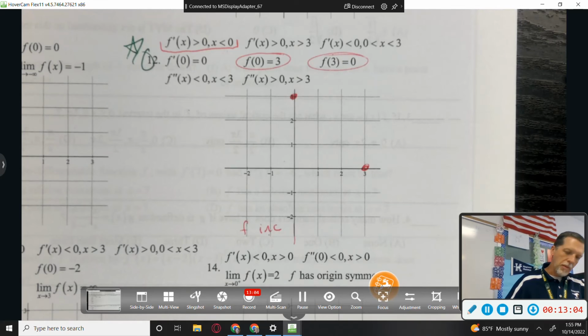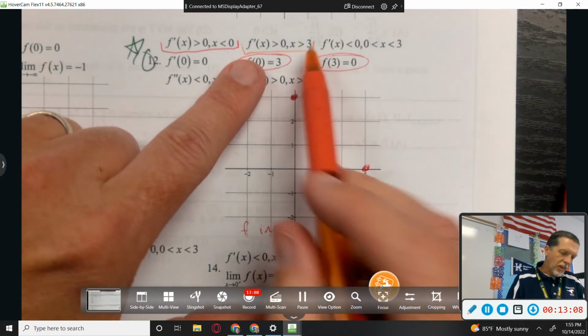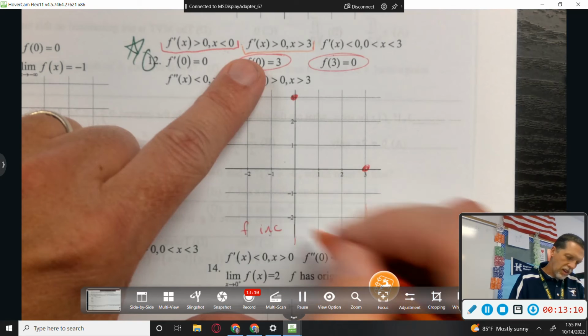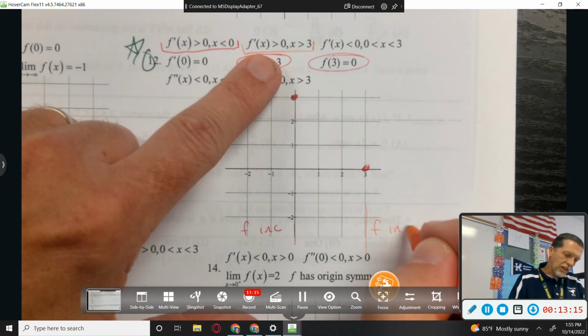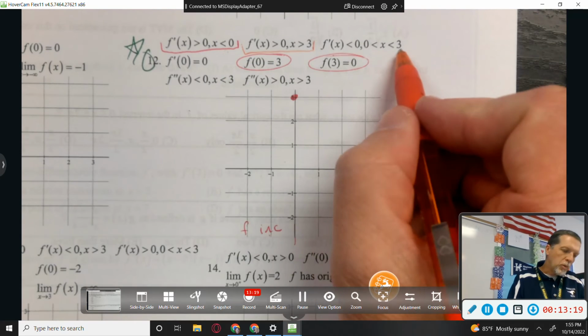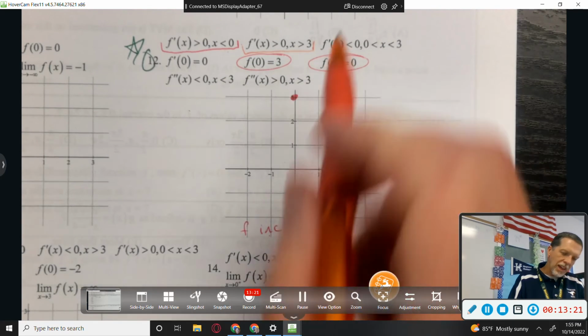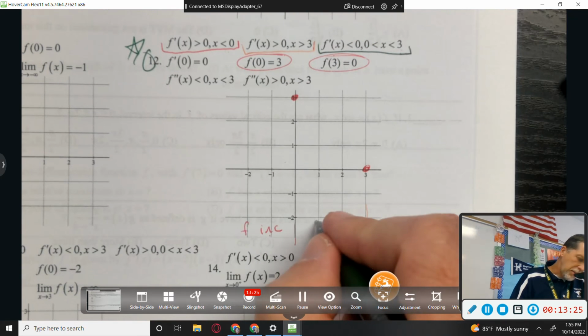I might even try to color code here. When x is greater than 3, f prime is positive, so that means f is increasing. Between 0 and 3, f prime is negative, so that means f is decreasing.